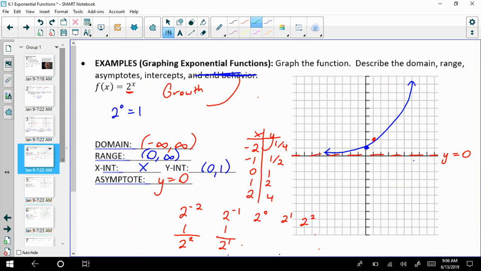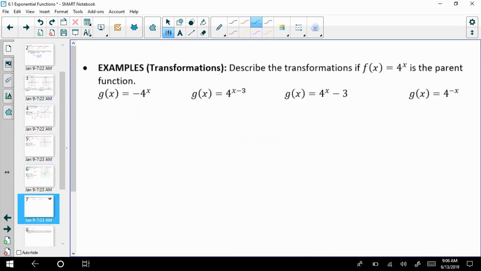Okay, moving on. Let's quick review transformations. So describe the transformations if f of x equals 4 to the x is the parent function. So remember, when I say parent function, think of this guy as the original. And now I want to know on these 4 problems, what would these transformations be doing to the graph?